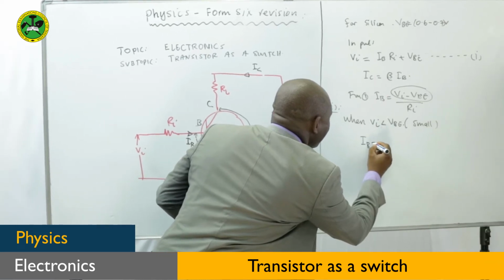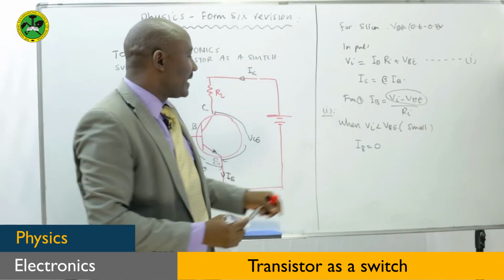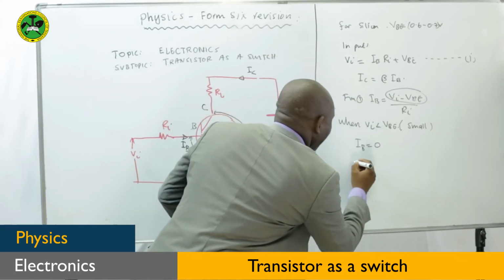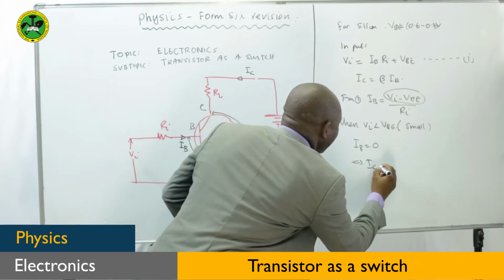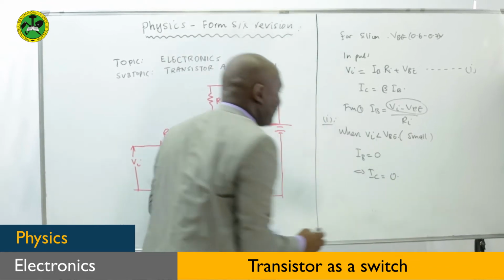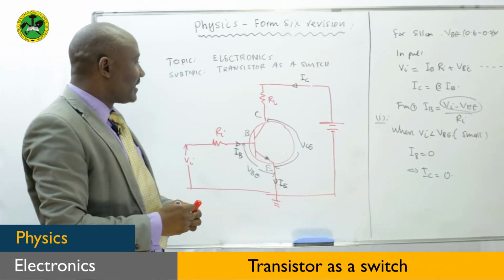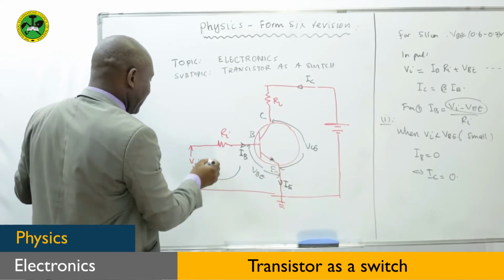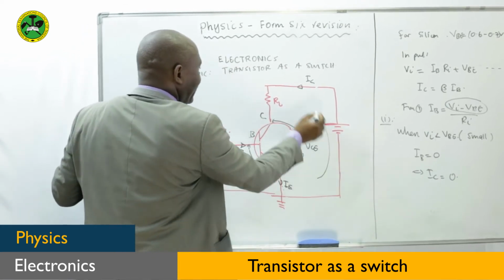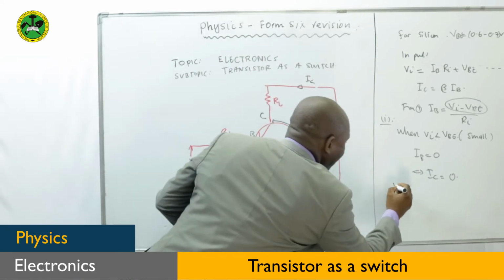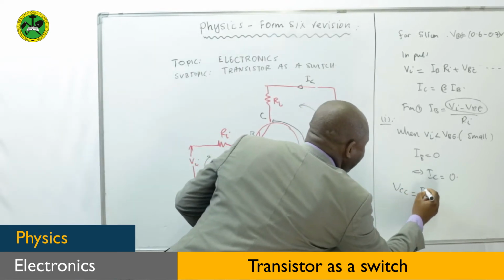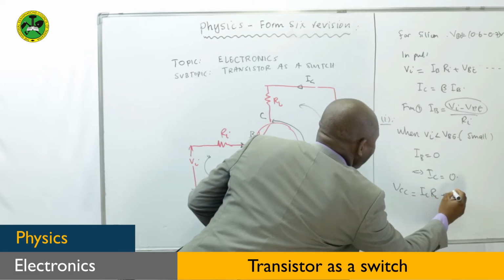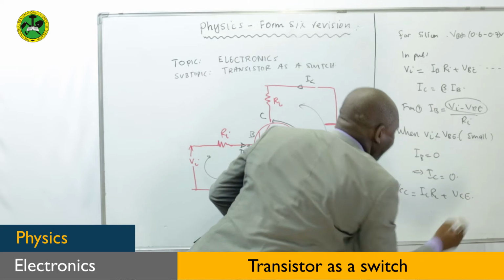The base current equals 0. And if this is 0, we know automatically from this formula that the collector current is also 0. Now consider the output circuit, where VCC equals IC times RL plus VCE.